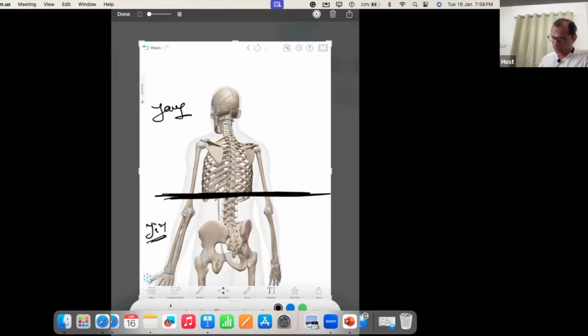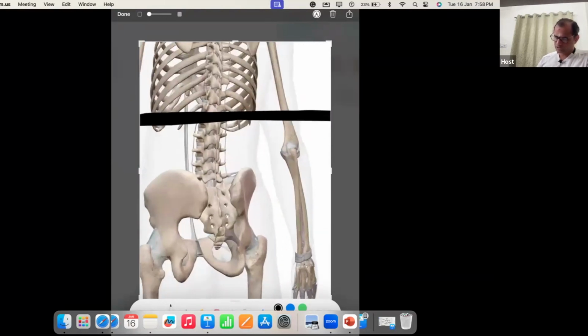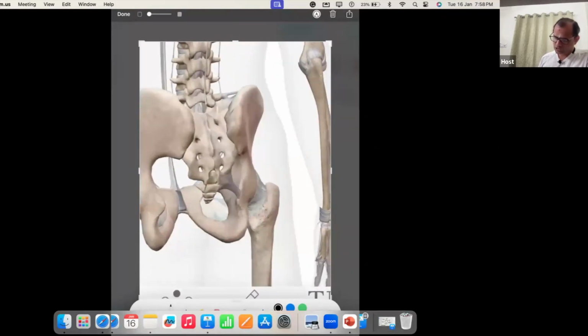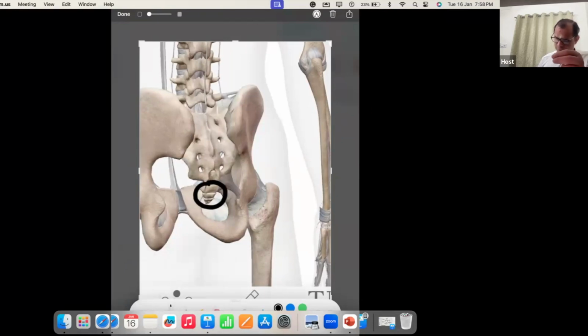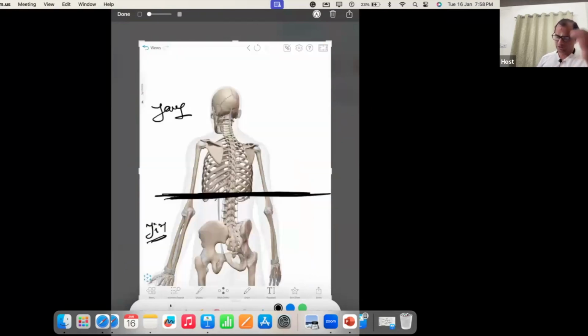So let's start from the lower. So number 1, if you see the lower, this tailbone and the sacrum bone together. So again, the lower part is yin.